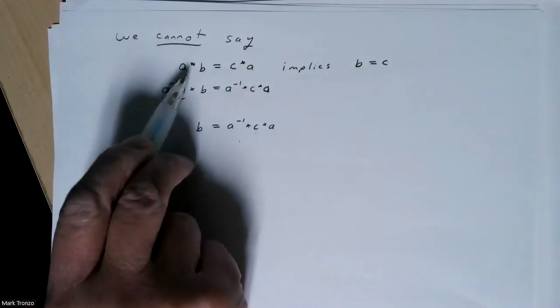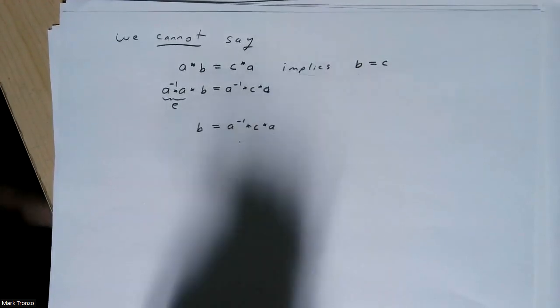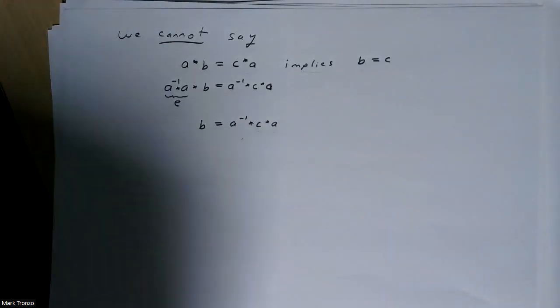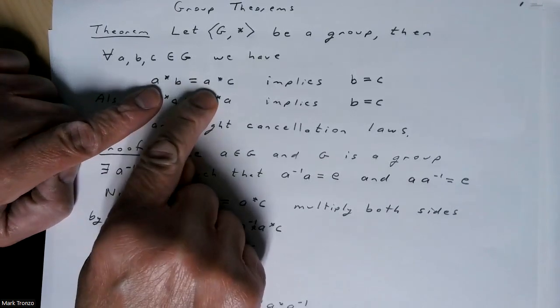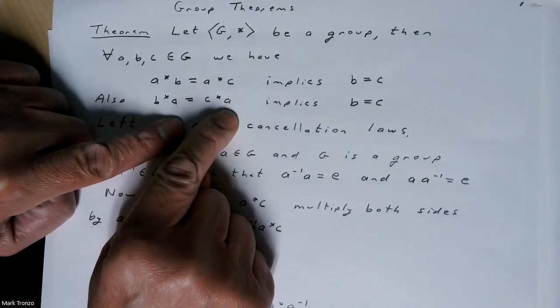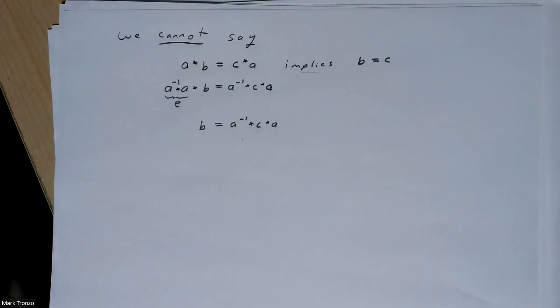We can only make that deduction if A is on the left in both places, or on the right in both places, but here we cannot.